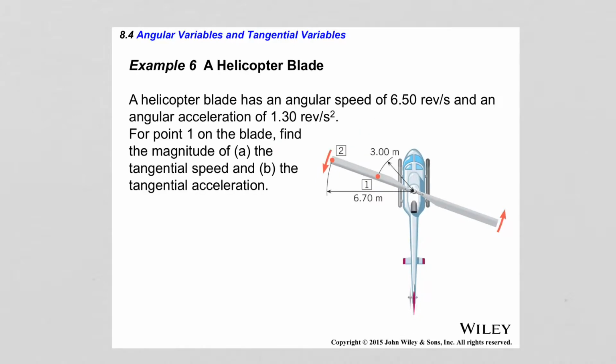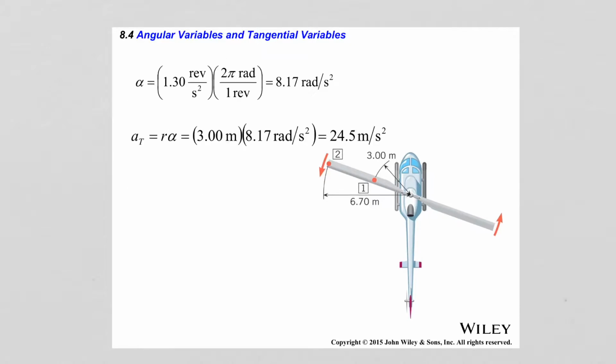To find the tangential acceleration, I now notice that the angular acceleration is in units of revolutions per second squared, which means that I must convert the units here to be radians. So the conversion happens by multiplying 1.3 revolutions per second squared by 2 pi radians per revolution.